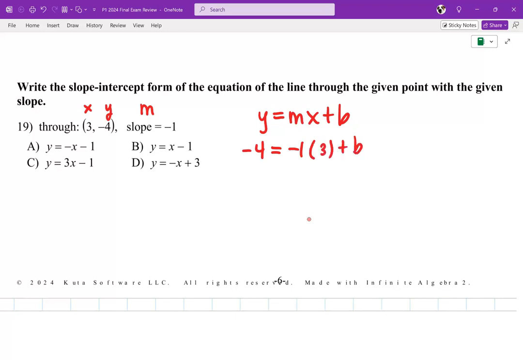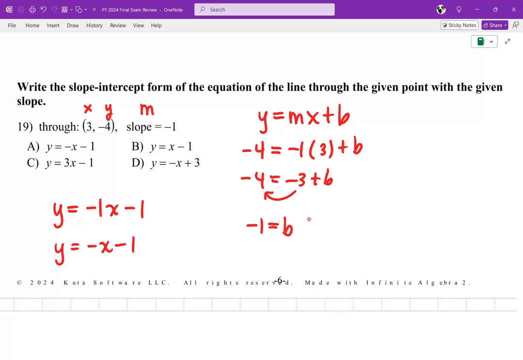And now I can solve for b. So this is negative 4 equals negative 3 plus b. And if I move the negative 3 over, I get negative 1 is equal to b. So I know that m is negative 1 and that b is negative 1. So my equation will be y equals negative 1x minus 1, or just negative x minus 1, which is A.